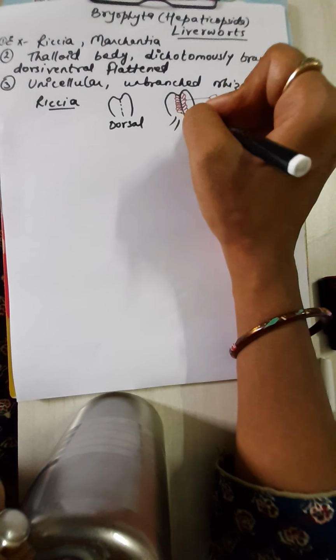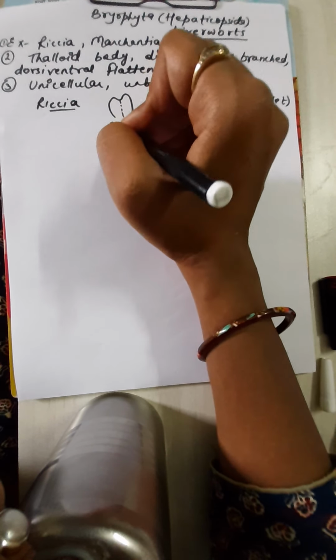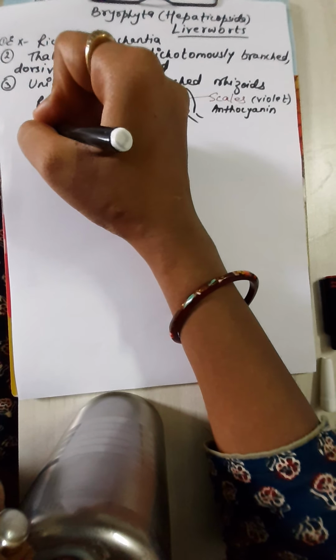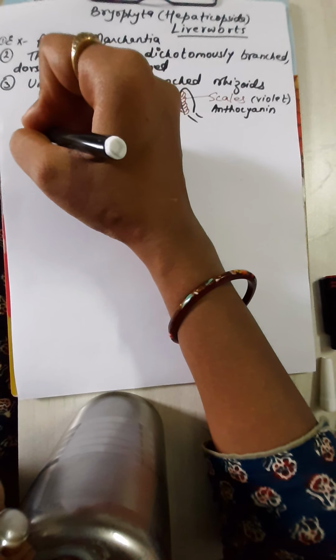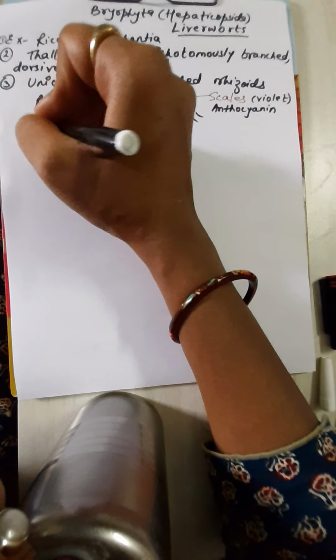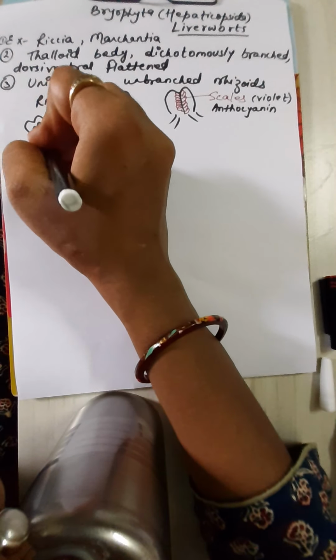And it has rhizoids. And it forms a rosette form. Rosette form is what? Another thallus will grow like this, and again it will grow like this. So it will look like a rosette.